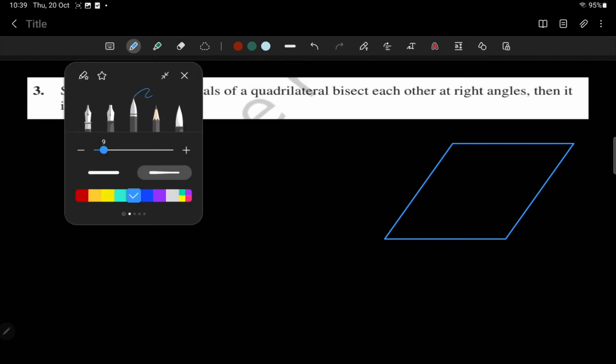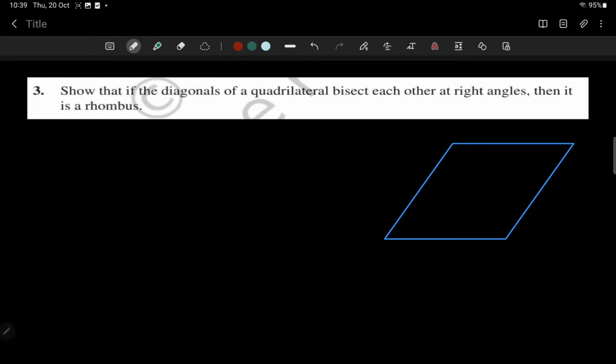Here, what is given? Show that if the diagonals of a quadrilateral bisect each other at right angles. So here it is given that they bisect each other at right angles. What? The diagonals of a quadrilateral. So let's make the diagonals of it. This is one diagonal and this is the other diagonal.